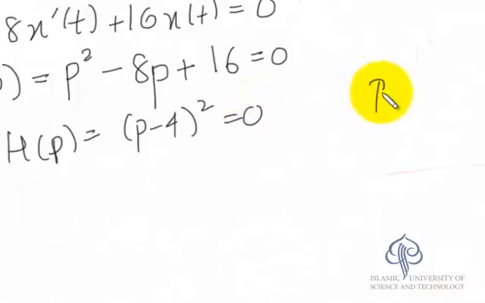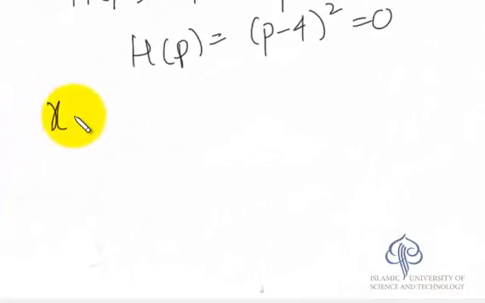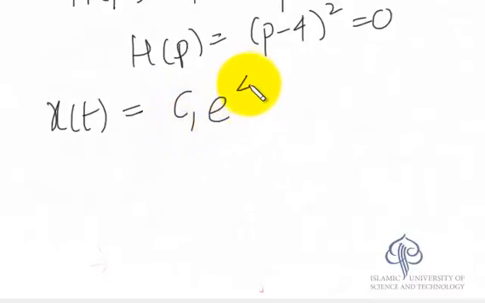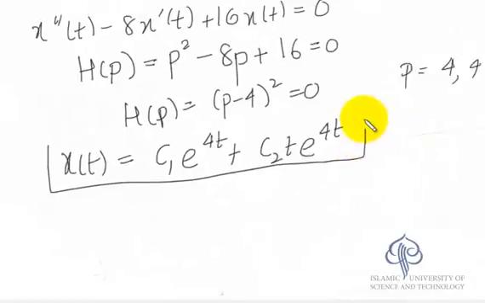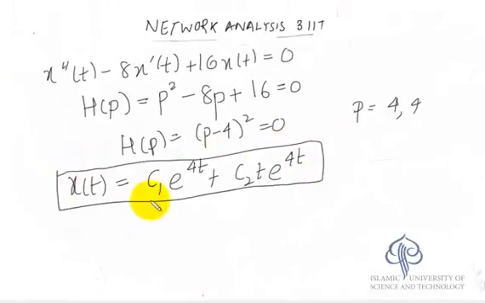So there are two roots and both of them are real and both of them are at 4. So you can write down the solution by writing the general form c1 e to the power 4t plus c2 t e to the power 4t. So this is the solution, and for finding the values of c1 and c2 you need initial conditions.